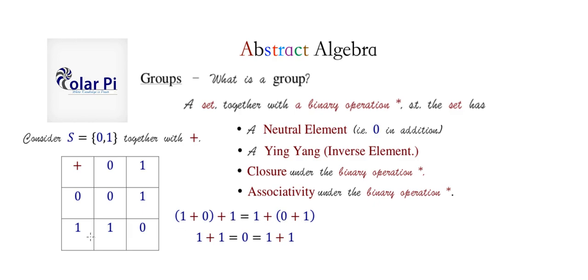We see that 1 plus 0 from the table is equal to 1, so we can replace this with 1, and so we get 1 plus 1 on the left side of the equal sign. And 1 plus 1 is 0, we can see that from the table. And then on the right hand side we see 0 plus 1, so 0 plus 1 is 1, and 1 plus 1 again is 0, so it's good.